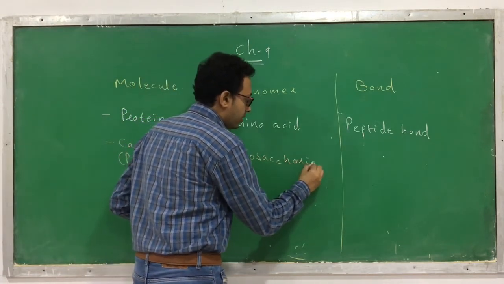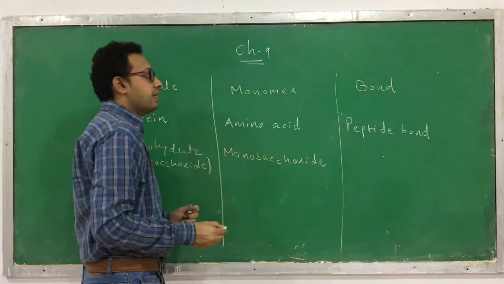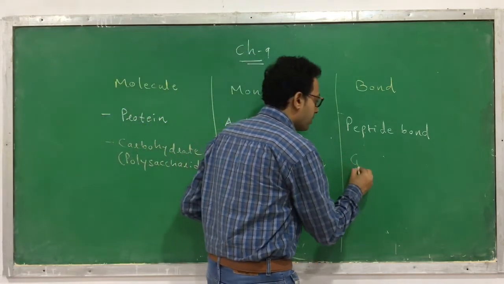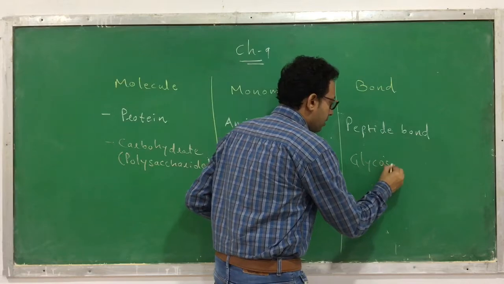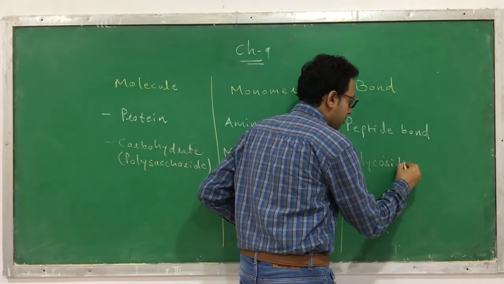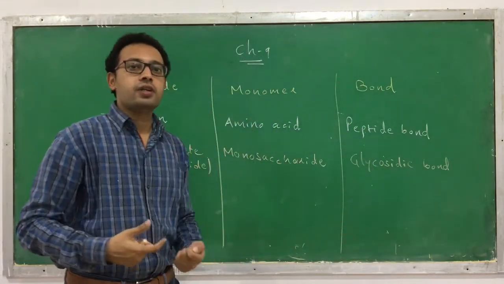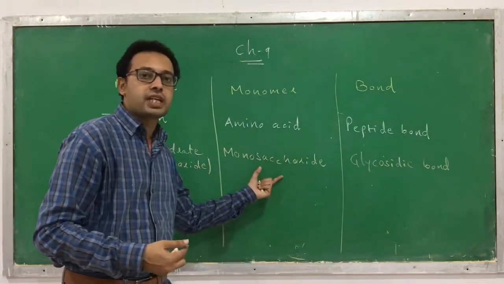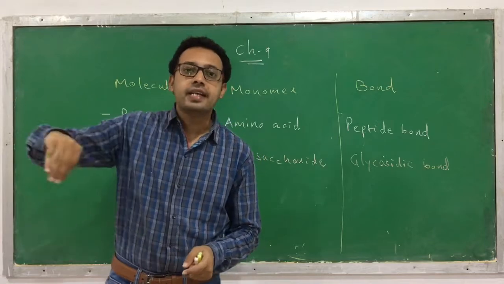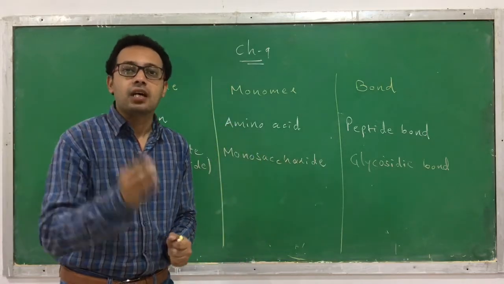This is the unit that you can find in it, and they are connected by a bond. Here the bond that is present is the glycosidic bond. And during the bond formation process between two monosaccharides, here also a dehydration process takes place, meaning a removal of water takes place.